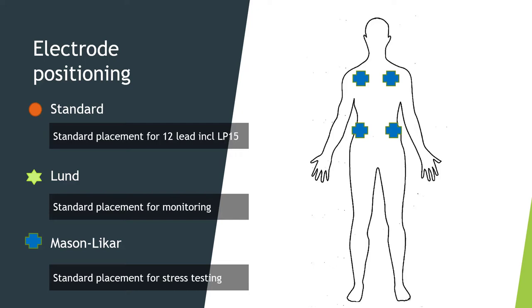But while it's very useful for machines that are calibrated for it, such as the machines used for stress testing when people are on treadmills and the like, the machines that we use really aren't calibrated particularly well to this positioning. So the default for continuous cardiac monitoring is going to be either the standard or the Lund system. These are the 2 areas that we really do want to go to for our electrode positioning.